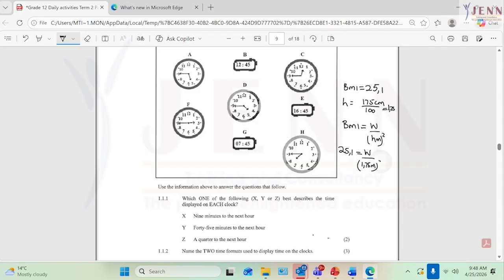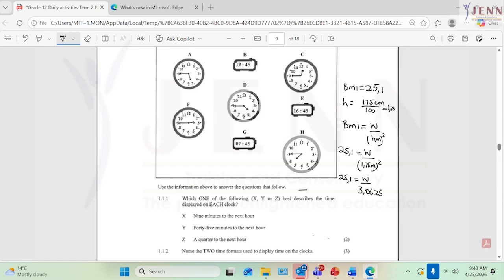Don't forget to square that. So it's going to be 25.1 equals weight over 1.75 squared, which is 3.0625.